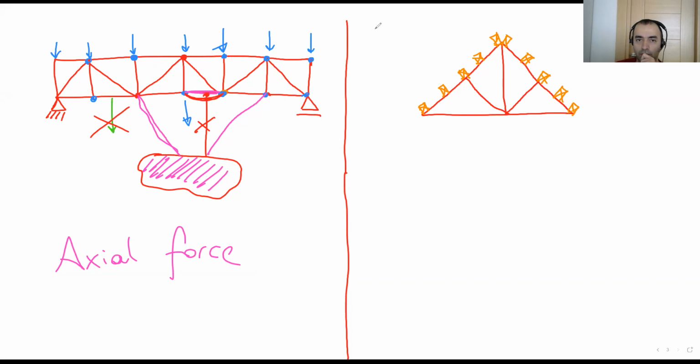So on top of these purlins, there is a roof cover. It goes down to the other side. This is the roof cover.